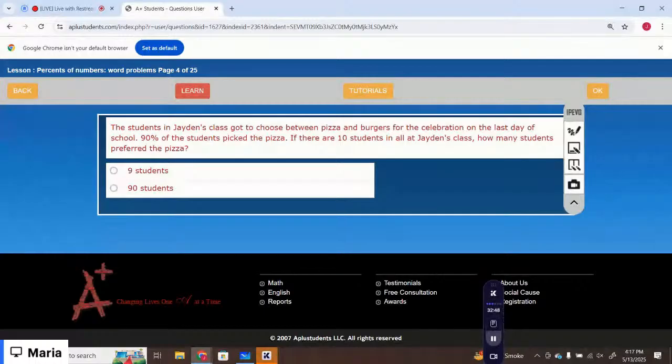If there are 10 students in all in Jaden's class, how many students preferred the pizza? The correct option is 9 students. Option number 1 is the correct option.